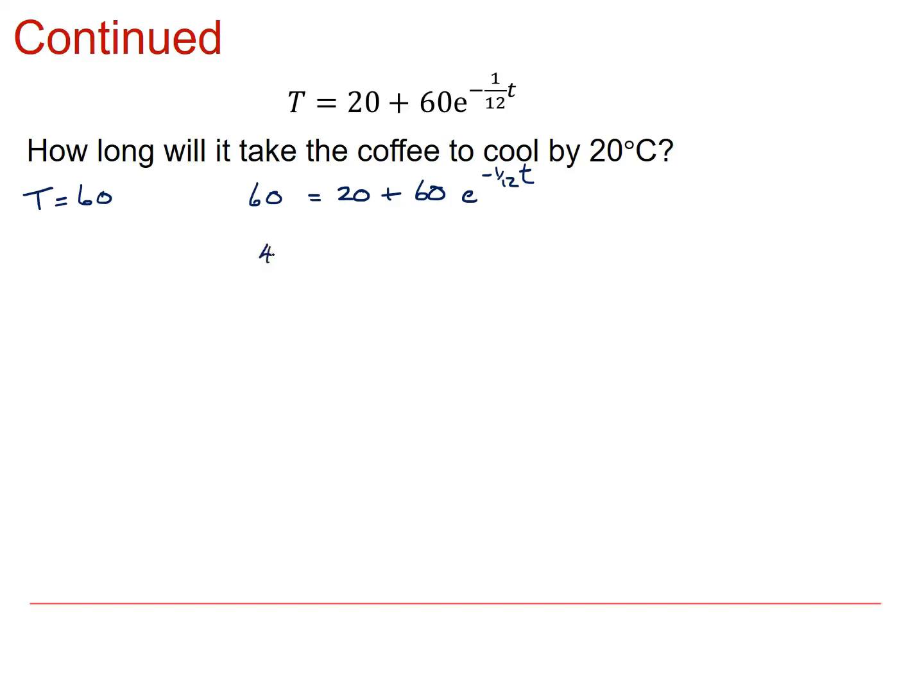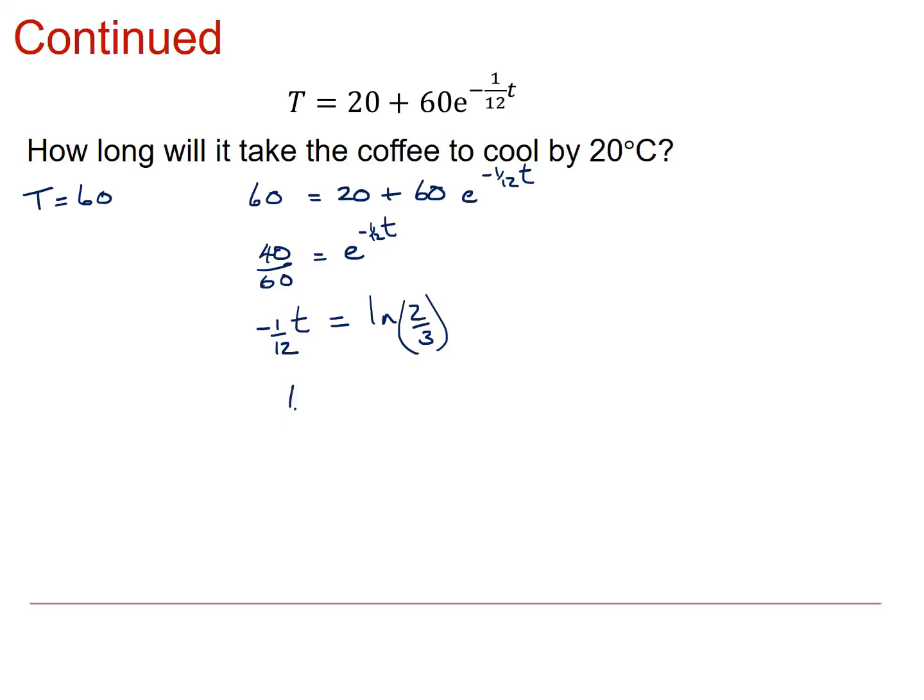So 40 over 60 is equal to e to the minus 1/12 t. So taking logs of both sides, I'm going to get minus 1/12 t is equal to the log of 2/3.